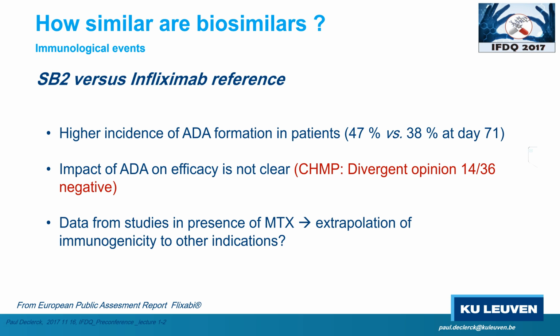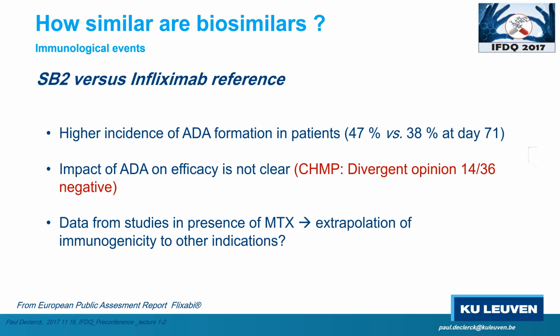And if they looked at all the data that were present, for some of the experts, the CHMP is the assembly of scientific experts that evaluate the quality of the dossier in all its aspects. And you will notice that actually 14 out of 36 of the scientific experts were not convinced that this difference would not have any impact on the clinical efficacy in the long term for this product.